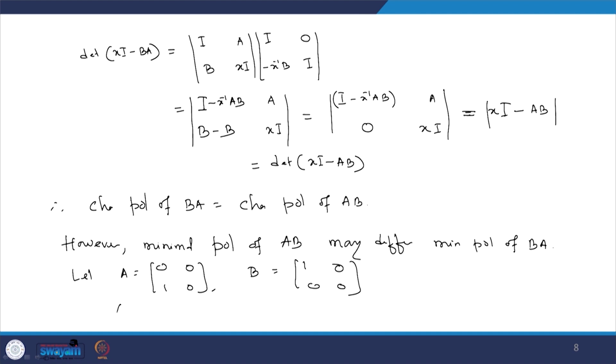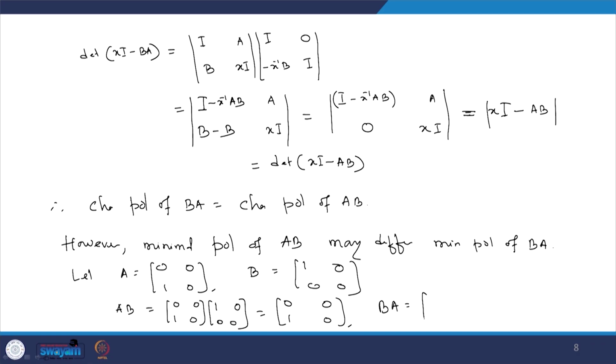Now, AB equals what? [0 0; 1 0] times [1 0; 0 0], so this is equal to [0 0; 1 0]. What about BA?